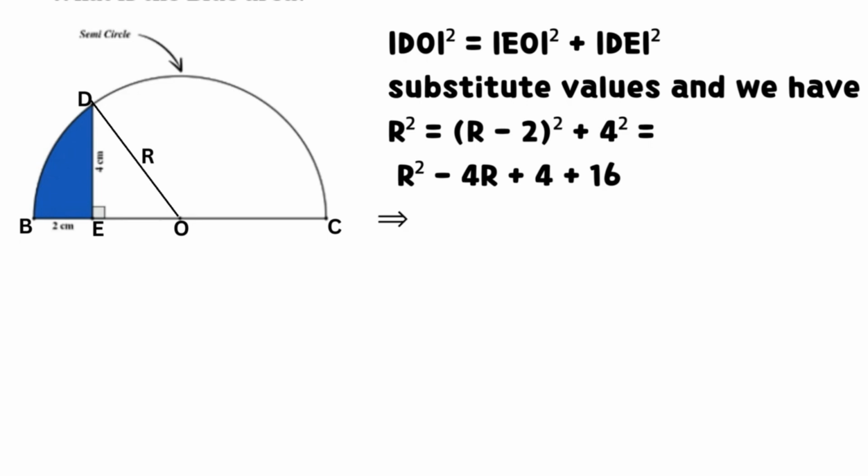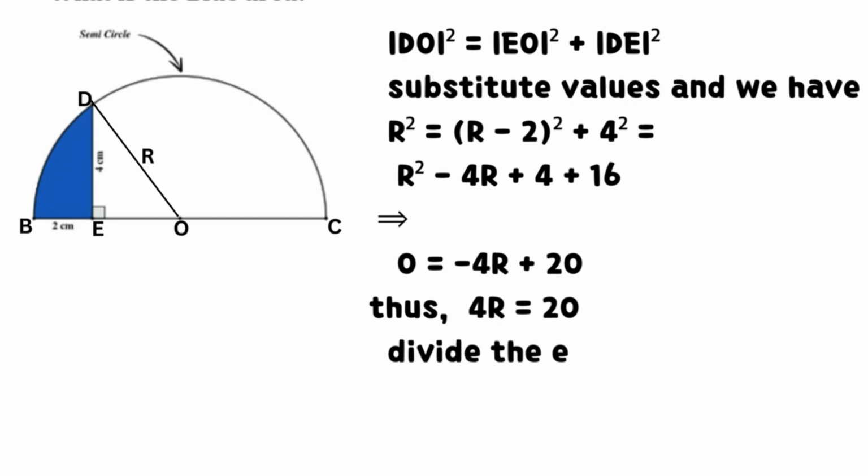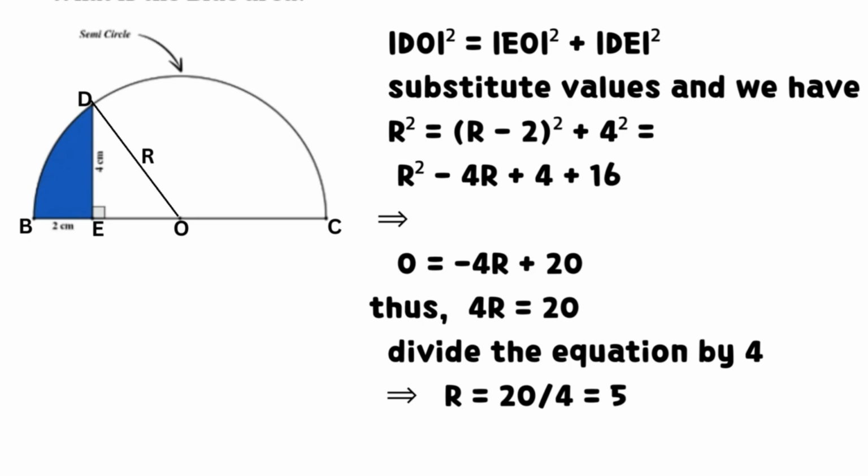Substitute values and simplify. We have that the square of R equals R squared minus 4 times R plus 4 plus 16, which further simplifies to 0 equals negative 4 times R plus 20. Thus, 4 times R equals 20.